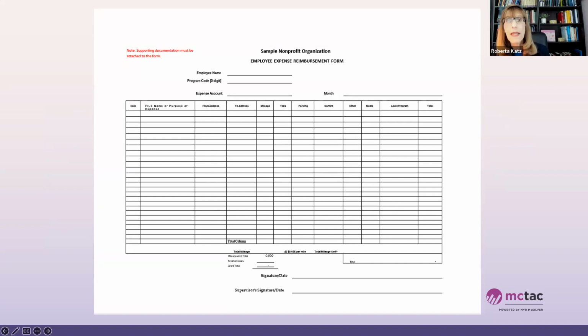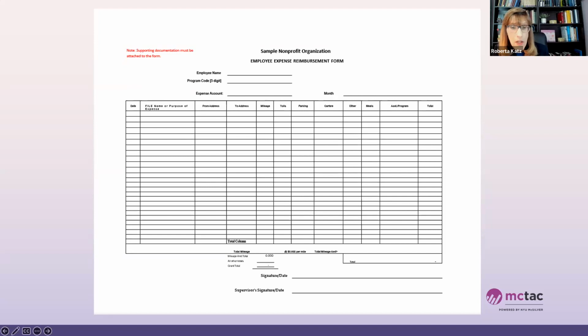Okay, so this is a sample employee expense reimbursement form. If your organization uses an automated expense management system, this information should be embedded in the software. If not, your Finance Department can prepare it on an Excel spreadsheet, which is how this was prepared. The information on this form is the date of the expense, the business purpose of the expense, if it's for mileage, where you went from and to, if you incurred toll expense, parking expense, car fare such as Metro cards, meal expense.